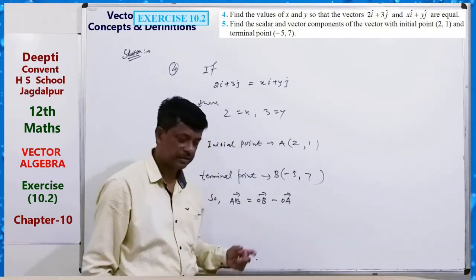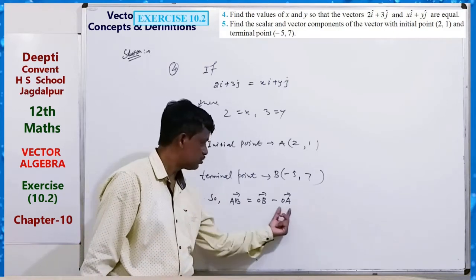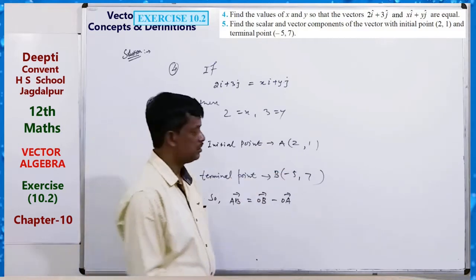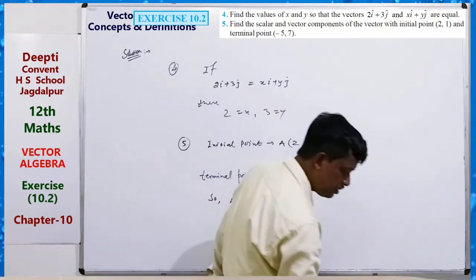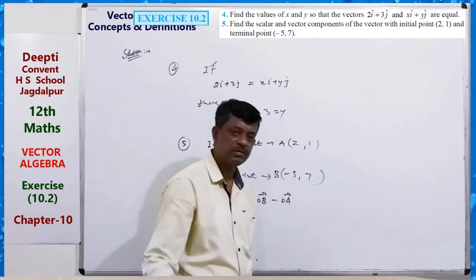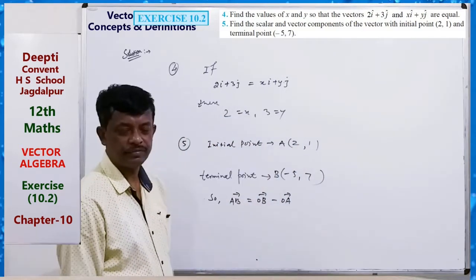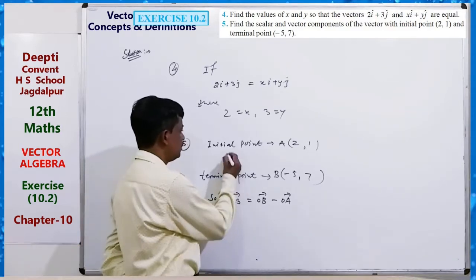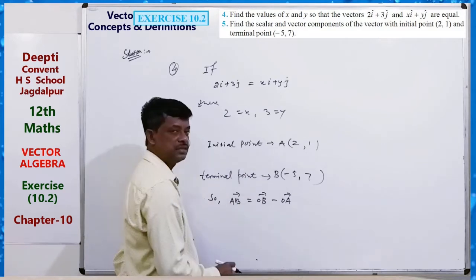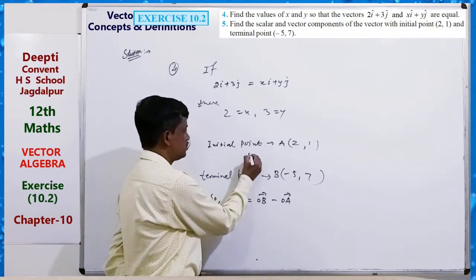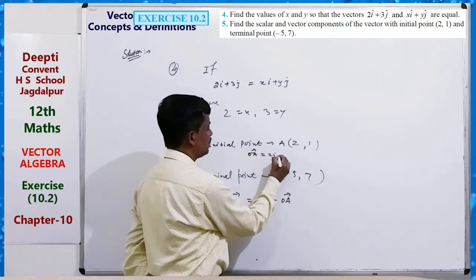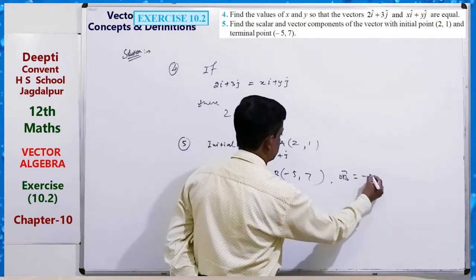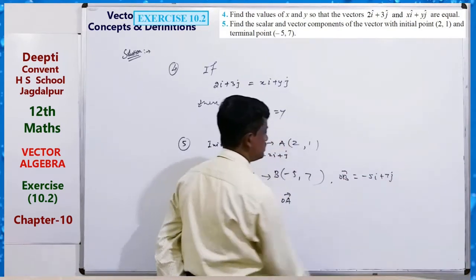We know that vector AB equals OB minus OA, the position vector of B minus the position vector of A. These are points in two dimensions. OA can be written as 2i plus j and OB as minus 5i plus 7j.